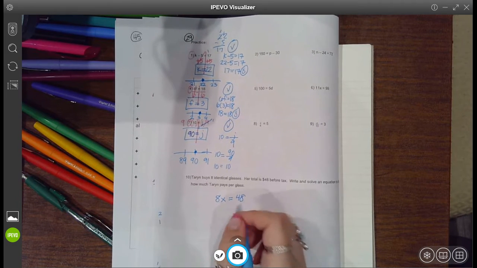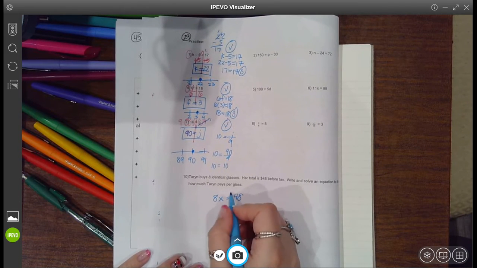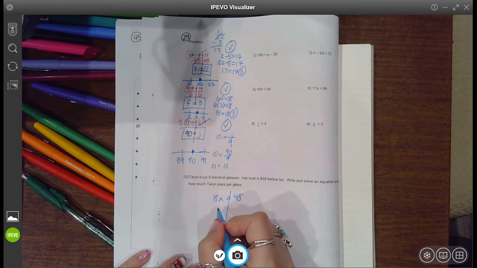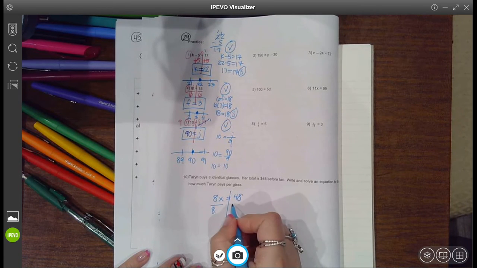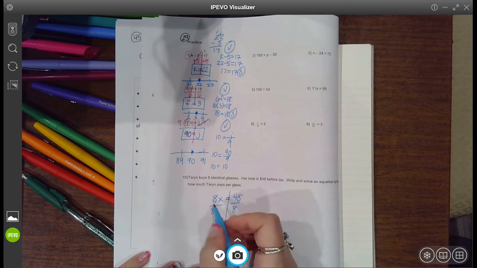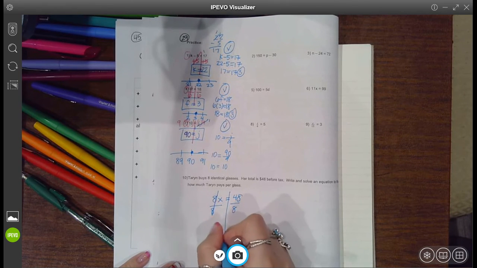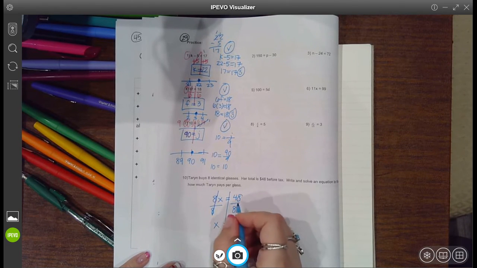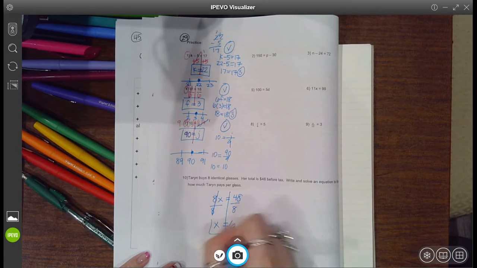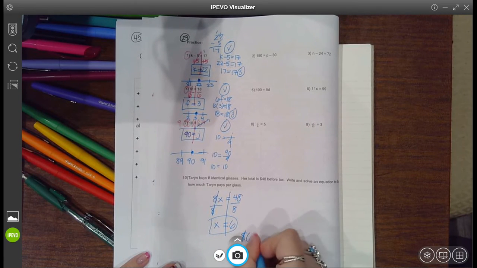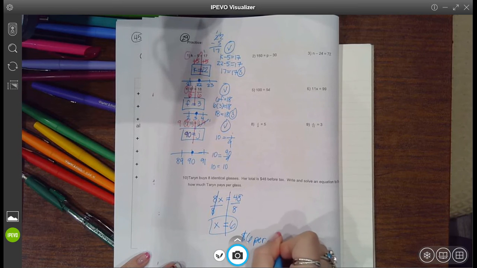Okay, in order to solve for x, I would do the inverse of multiplying, which is to divide by 8. Whatever you do to one side, do to the other. 8 divided by 8 is 1. So you have 1x equals, well, 48 divided by 8 is 6, which means it was $6 per glass.